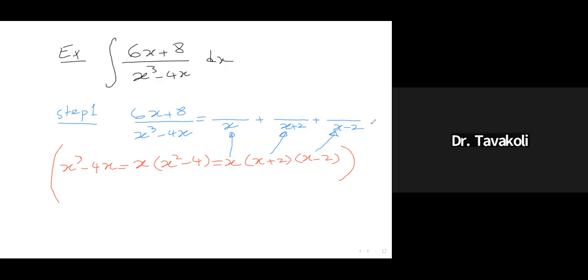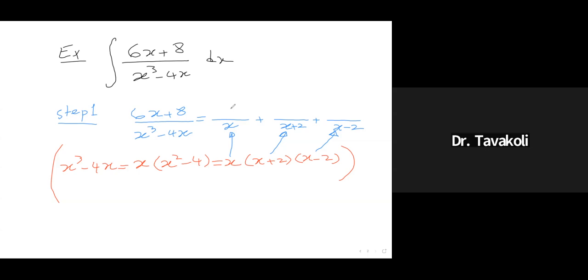In the previous video, we broke down the rational functions into the sum of two fractions because the denominator was factored into two factors. But here we have three factors. Therefore, the rational function can be written as the sum of three fractions.